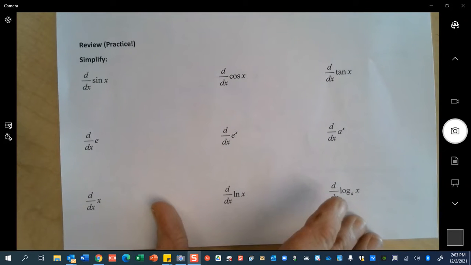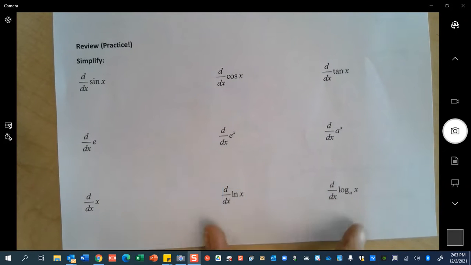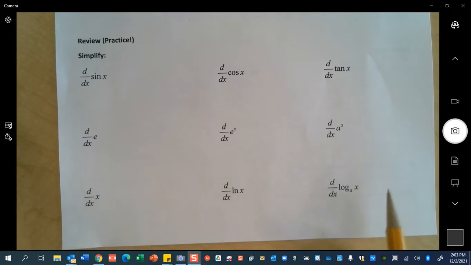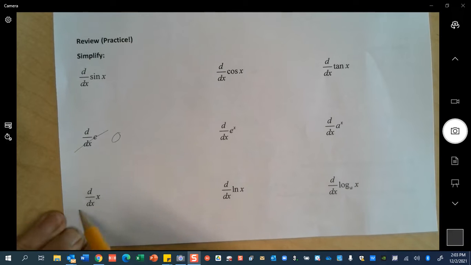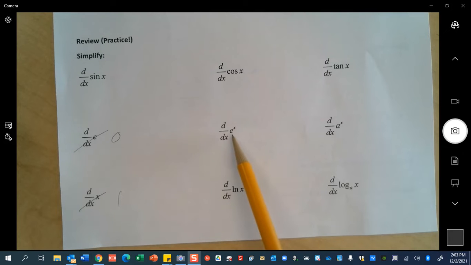How many of these were you able to get on your own? Please tell me you got this one. Please tell me you got that one. Please tell me you got this one.